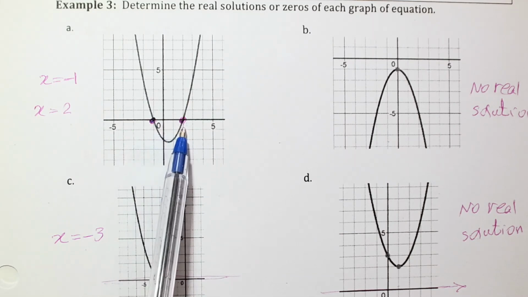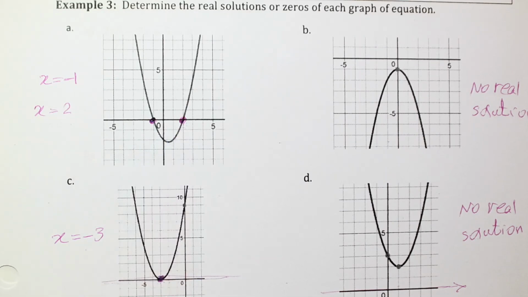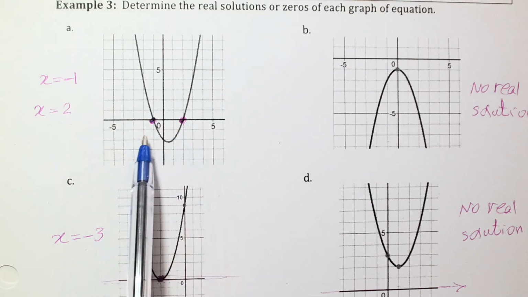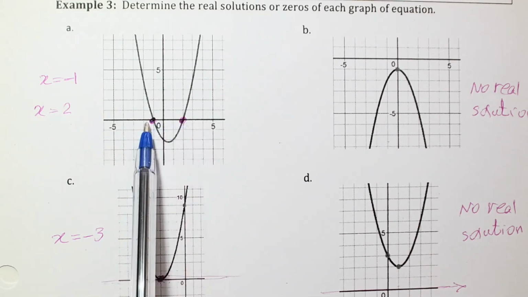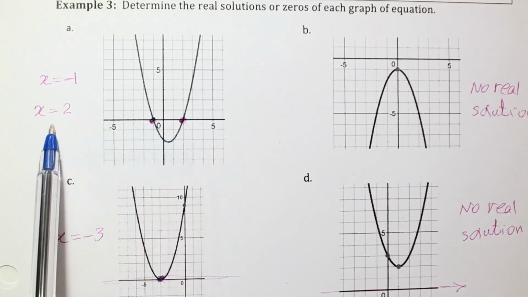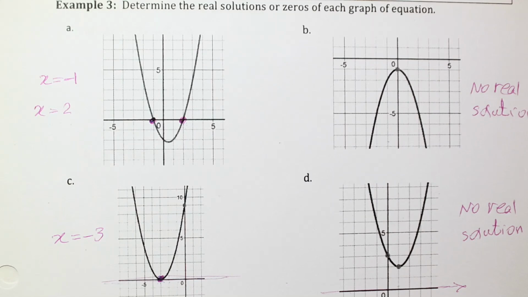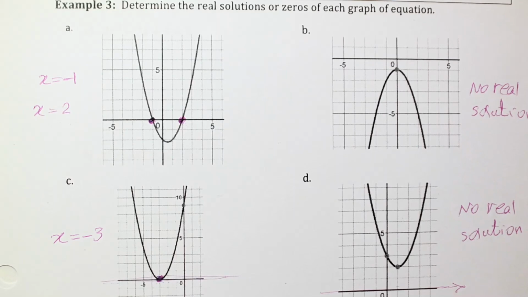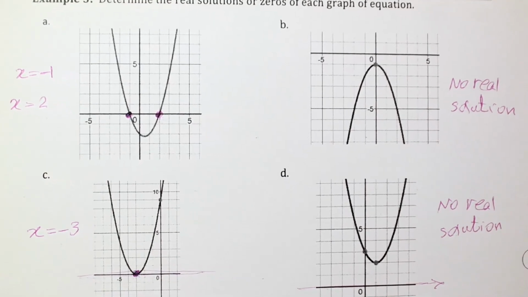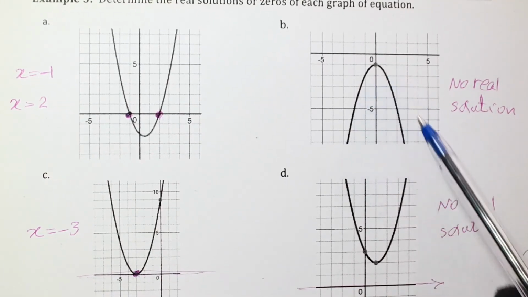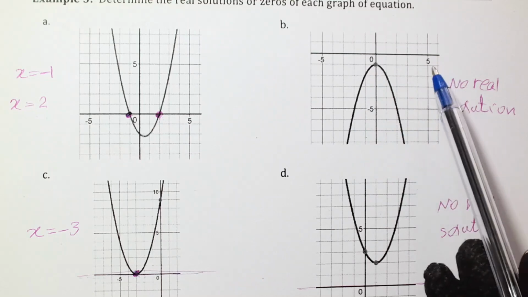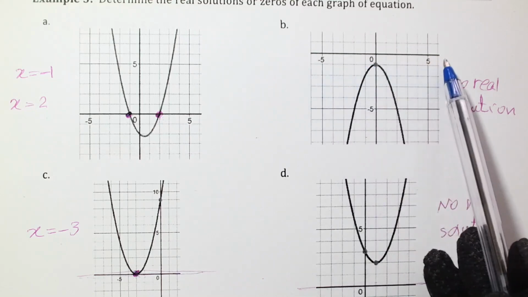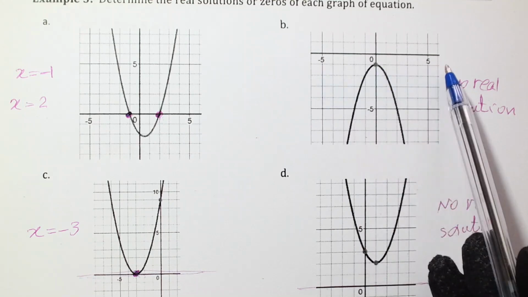So to solve a quadratic equation, if you have the graph of the function, you just need to find the x-intercepts. Here, -1 and 2. Those two, -1 and 2, are solutions of the equation. Look at the graph in parts B and D. You see this graph in part B doesn't intersect the x-axis, doesn't touch the x-axis.